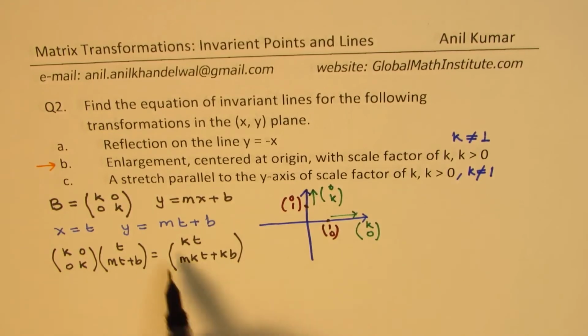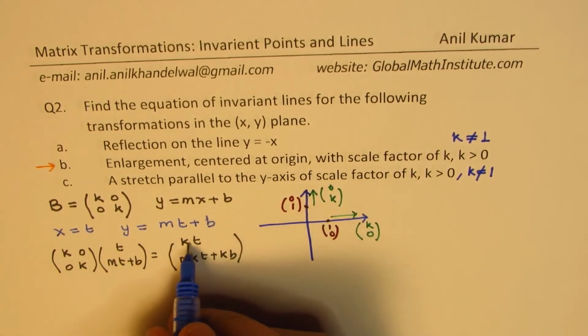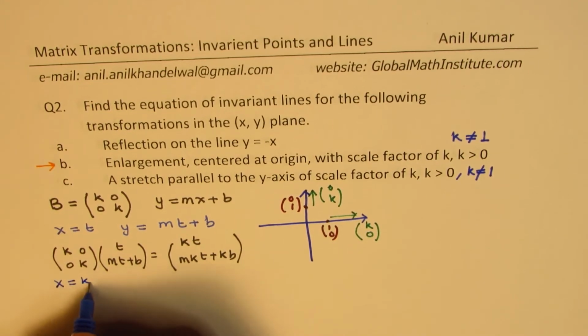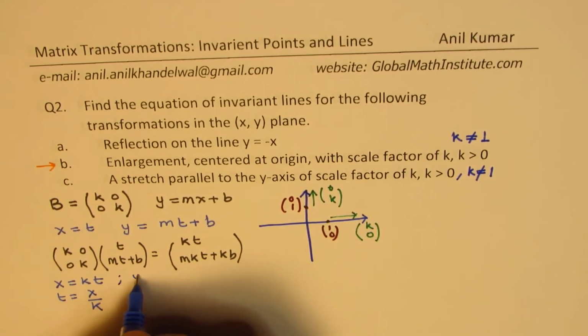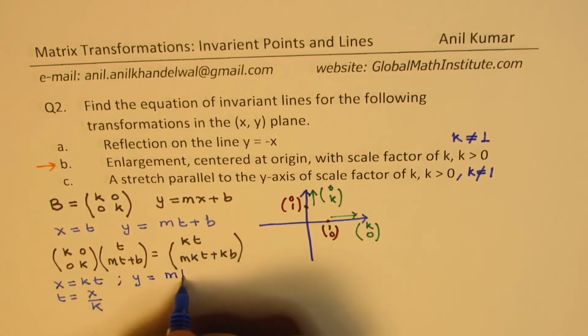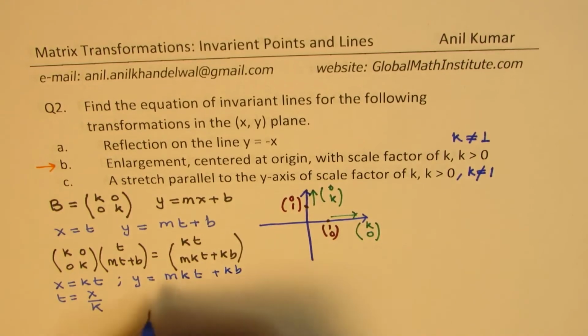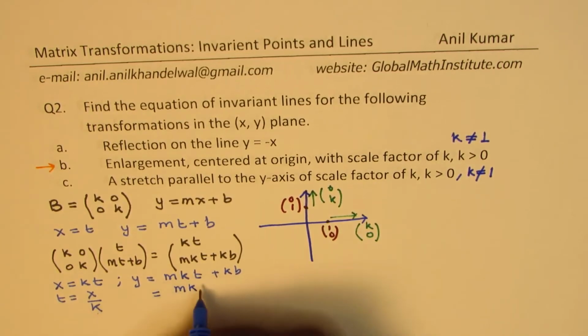Now comparing it with y equals mx plus b, let's first write down the two equations which we get from here. So from here we get the x value as equal to kt, and that means that t can be written as x over k. The y value is mkt plus kb, and substituting t we get y equals m k, and t is x over k, right?